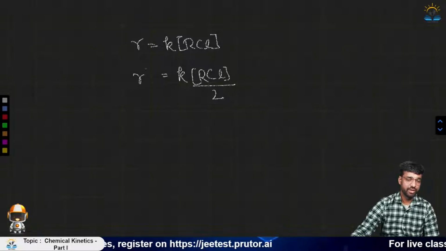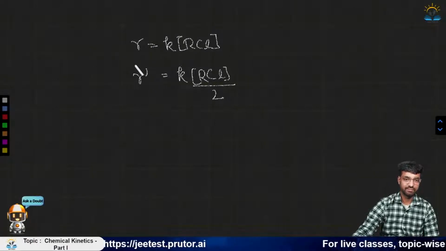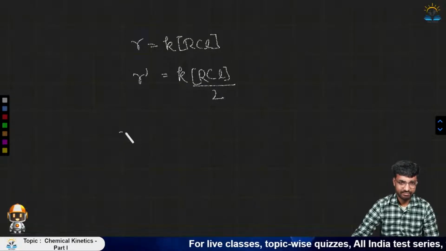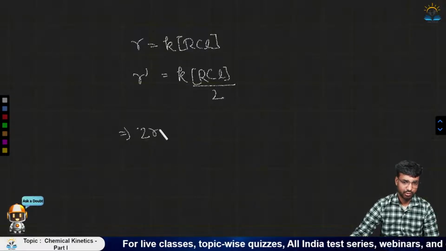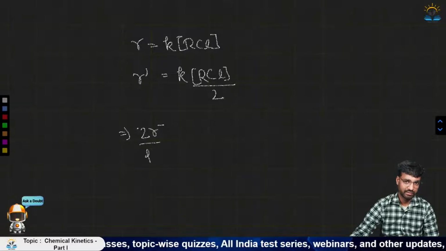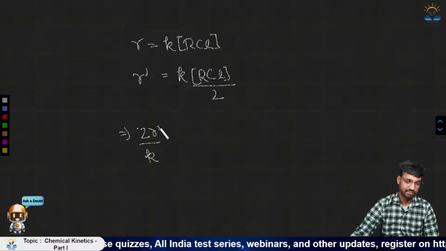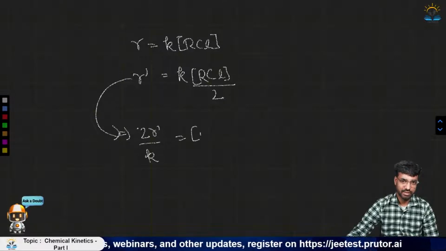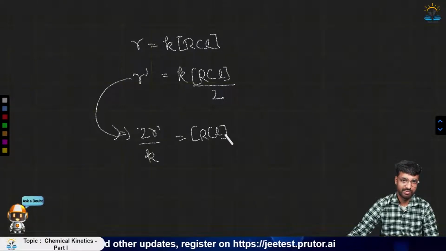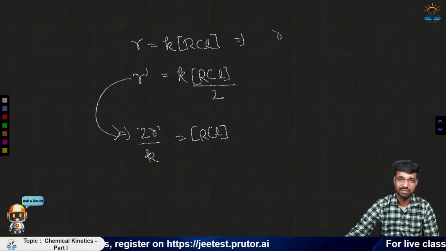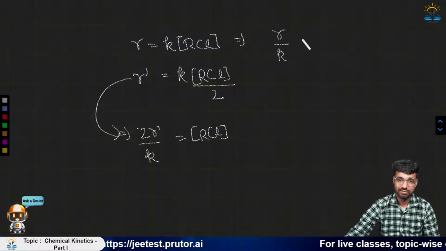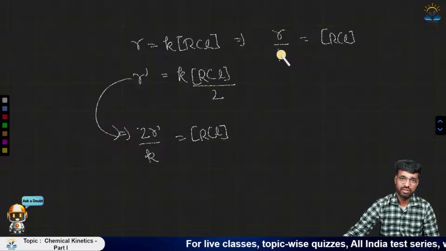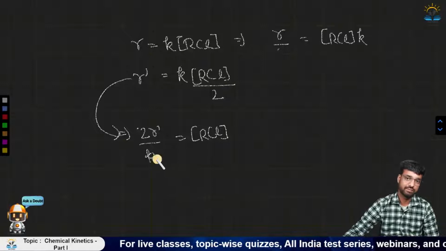So what will be this new rate of reaction, that is R dash, if you have to find? We can write this further as 2R dash by k, so I'm writing this equation here is equal to [RCl]. Similarly, if you want to write this equation, it will be R by k into [RCl]. You can put this k here also because it is also constant.